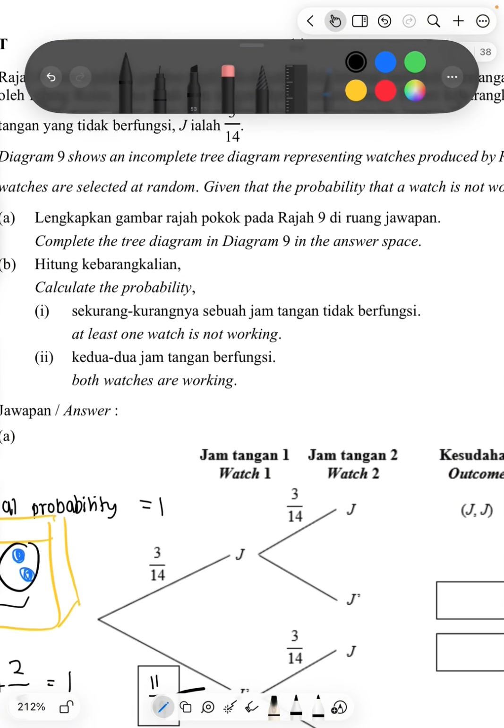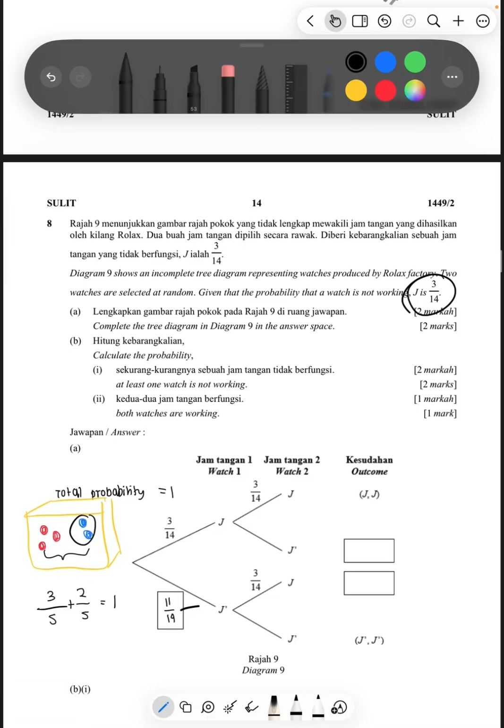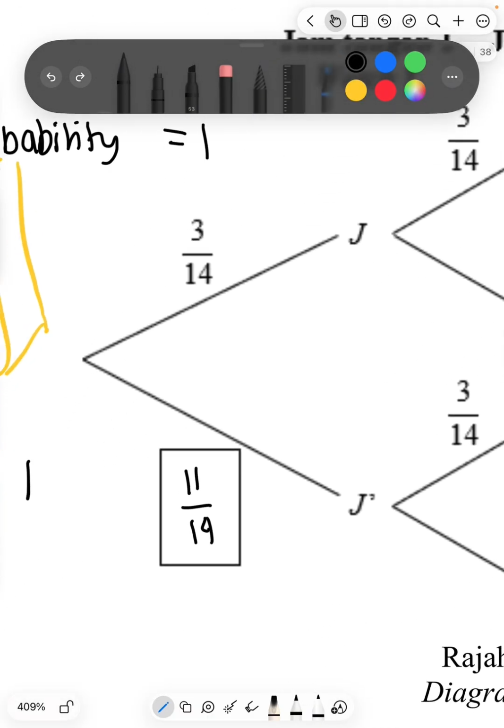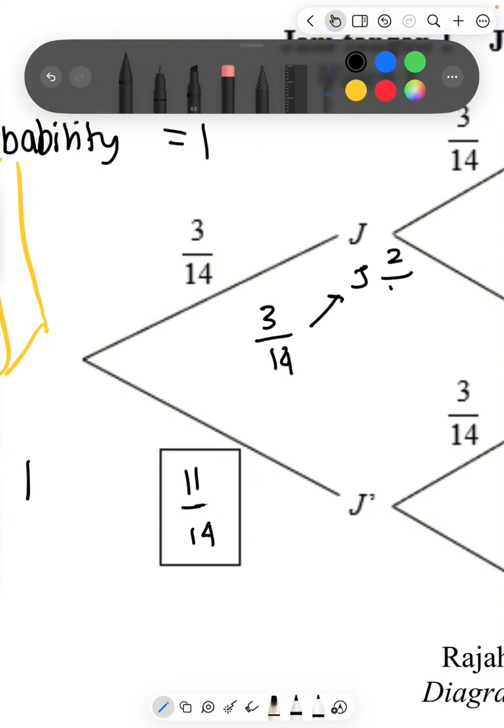Now, usually they will tell, or sometimes they don't tell, if the probability has replacement or not. If it doesn't have replacement, you have to deduct. So for example, from 3 over 14, and then you want to go to j, it becomes 2 over 13, something like that.